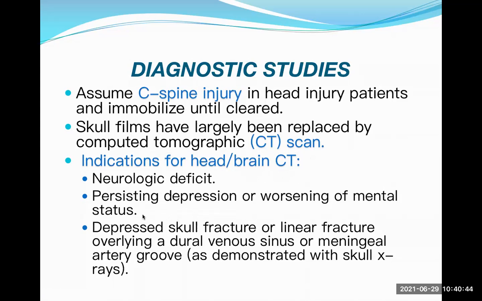Prolonged coma or loss of consciousness itself. Depressed skull fracture or linear fracture overlying a dural venous sinus or meningeal artery groove, as demonstrated with skull X-ray, just to make sure whether internal hemorrhage has occurred because of this or not. So CT scan will tell you how much blood is collected inside.